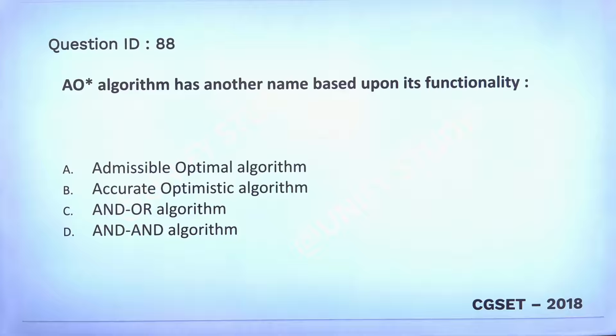Arey bhai, you are making a mistake in this one also. AO star, we did it.